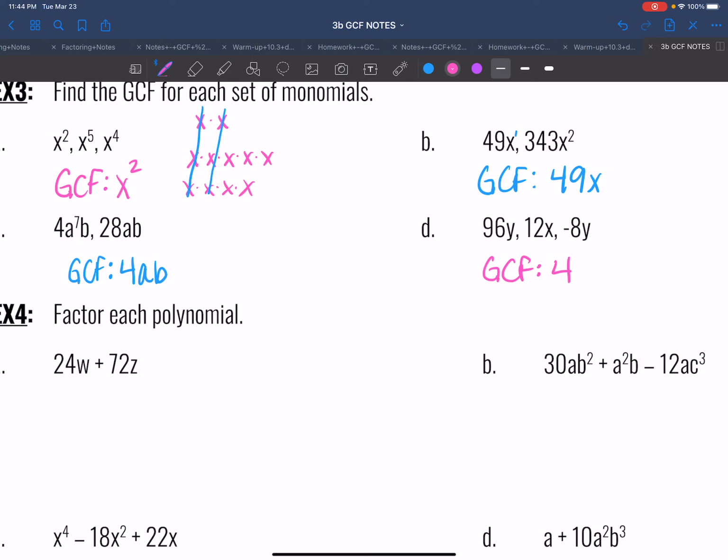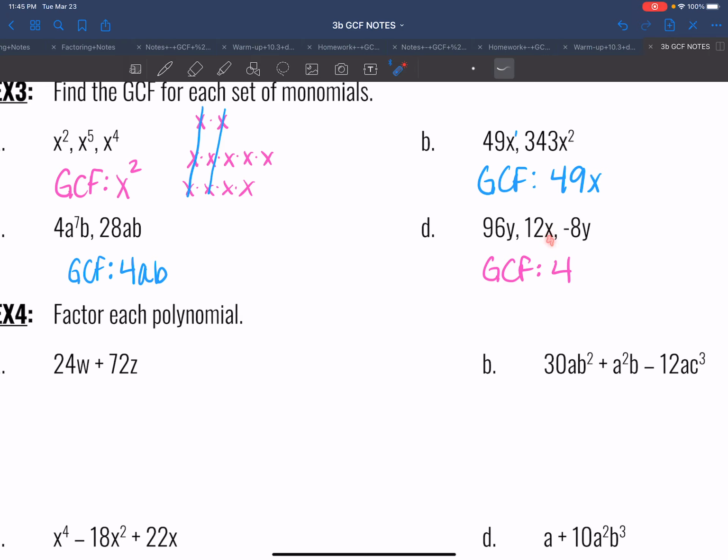Okay, then we want to check the variables. The first term that's listed here in this list is y, and then as I check the other terms right here, in the second one there is no y there, so I can't divide out a y because there isn't one. Dividing x by y would not accomplish anything there for us.